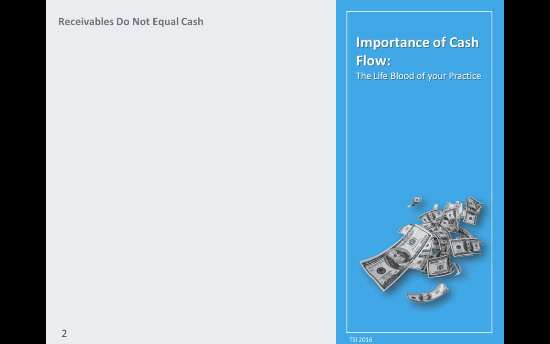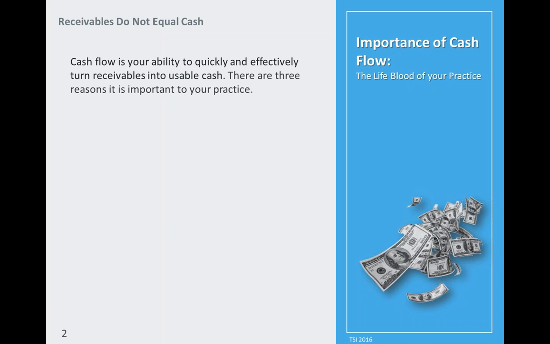Ultimately, the importance of revenue cycle is to maintain positive cash flow, which is the lifeblood of your practice, and therefore it is important to understand that receivables do not equal cash. Your cash flow is your ability to quickly and effectively turn your receivables into usable cash. And there are obviously certain reasons why this is important.